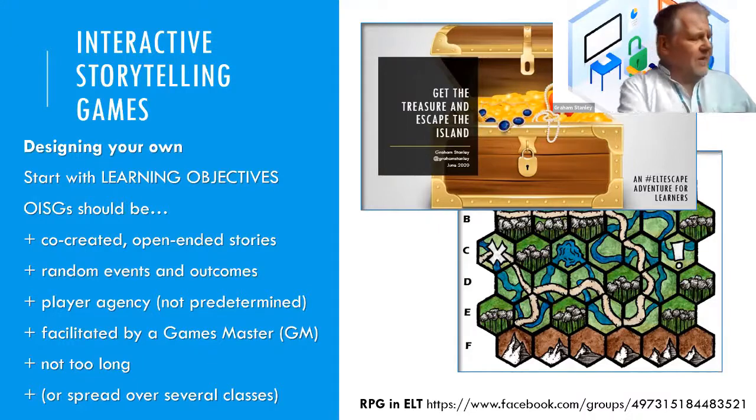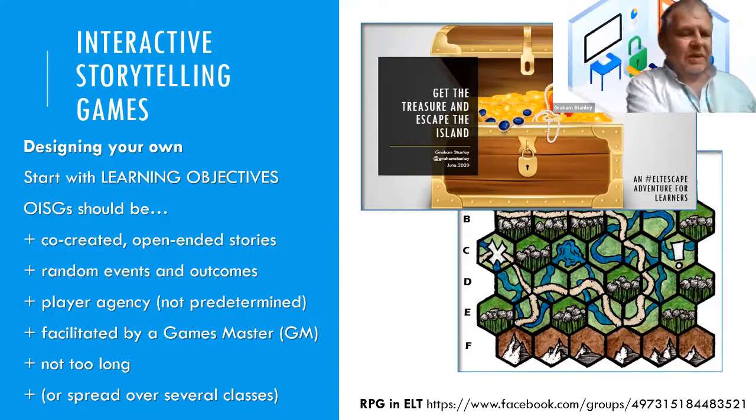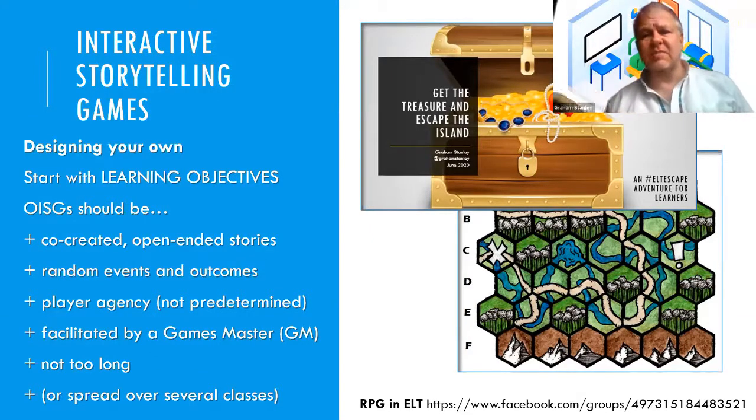Adding some type of randomness, be it through this sort of simple system or other systems involving dice, which are very typical in role-playing games, is worthwhile. That means it's not just you, the teacher, who's deciding whether something happens or not. It's actually left to chance.